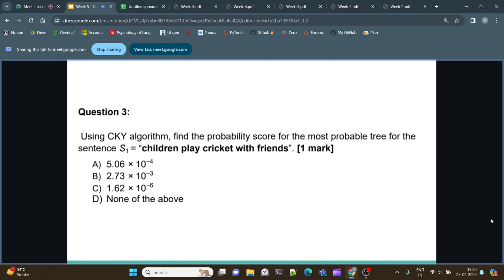Let's go over to the next problem. Here we have to solve using the CKY algorithm. We have been given the sentence, children play cricket with friends, and we have to find the probability score for the most probable tree for the sentence. Please try solving this question. We'll wait for a couple of minutes and then take up the solution.